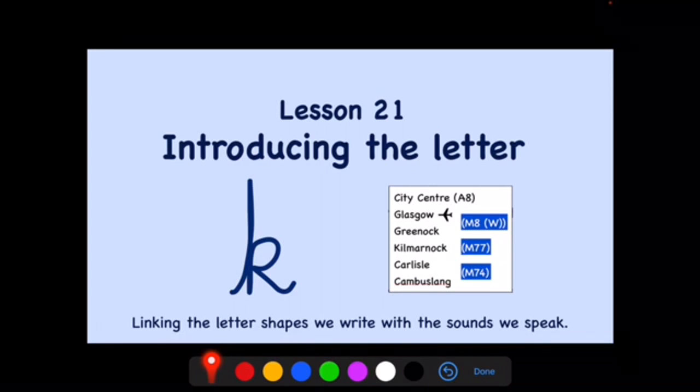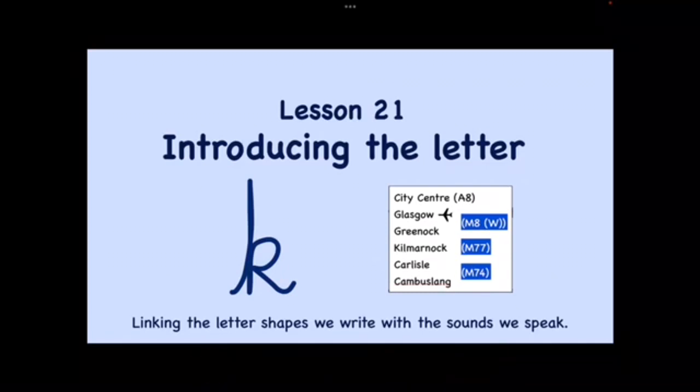And that left the query about what we do if we have a word like Kilmarnock, where we have an I, but we needed to say the sound K at the beginning. And you can see the solution. We need the letter K. And that's what we will be using and learning to write in Lesson 21.